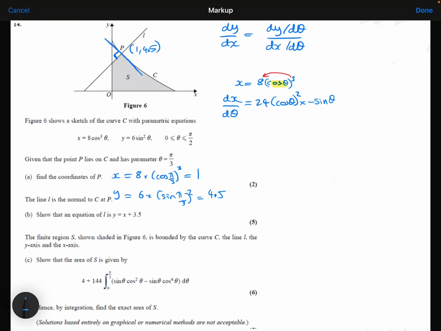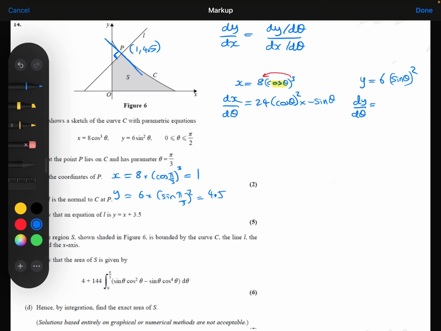Doing the similar thing with the y function, I'm going to write that as 6 sine theta all squared. So differentiating the outside function first, which is the squared, I will have the 6 times the 2, which is 12. Take 1 away from the squared function, so that's just 1.